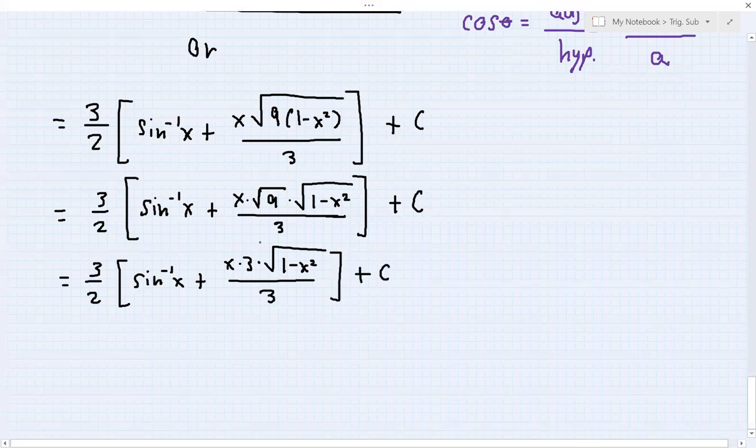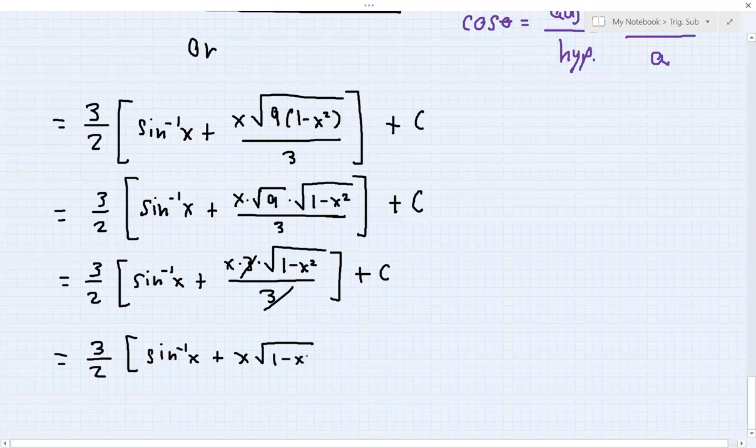So since meron ka ng 3 sa taas at saka sa baba, i-cancel mo na lang to. So, ang final na sagot na simplified talaga ay 3 halves times arcsine of x plus x times square root of 1 minus x squared. Yan na yung final na simplified na sagot.